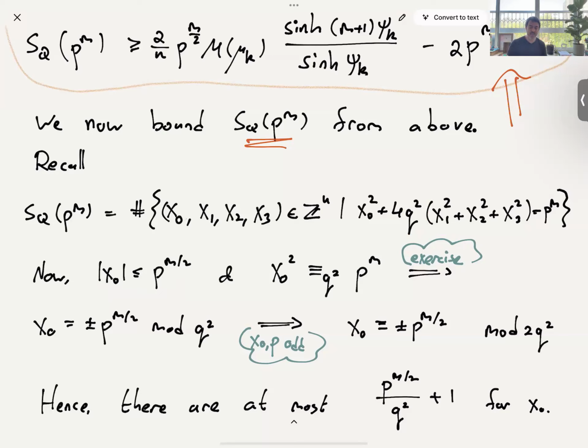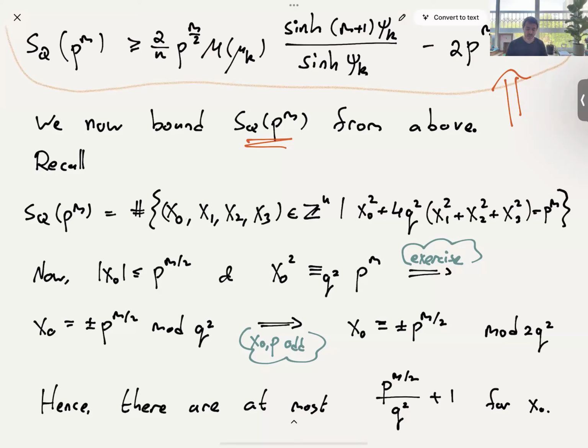And from these two, you can immediately see that x0 is plus minus p to the m modulo q squared. Right, it's an easy exercise. If a squared equals b squared modulo something, then a is plus or minus b.